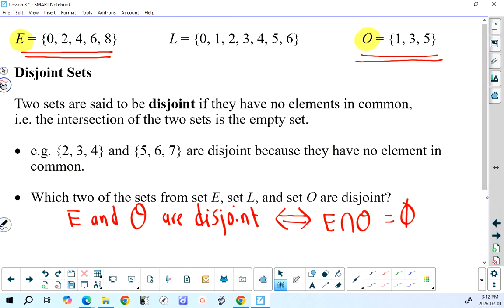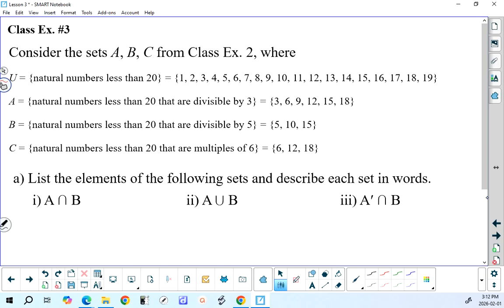All right. We have one example now. It's class example 3 in this lesson. We're looking at now a different set of sets. This goes way back to, I don't remember the context, but the universal set was natural numbers less than 20. Set A was the set of numbers within that universal set divisible by 3.